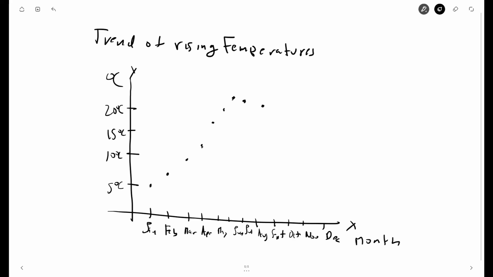October 14. November 10. And December 6.